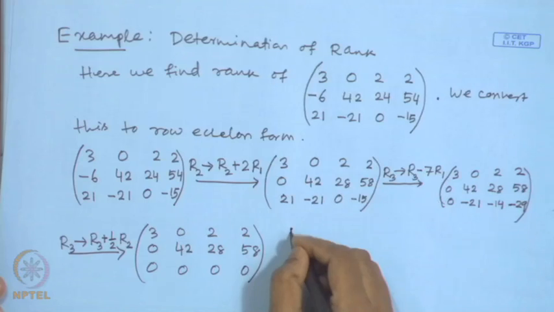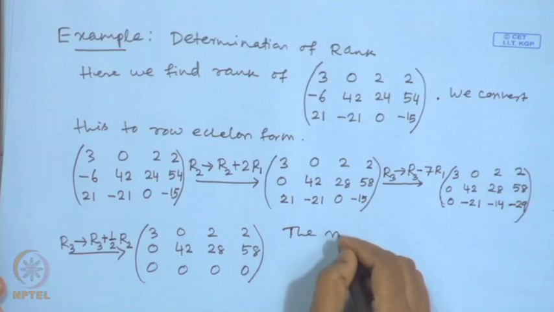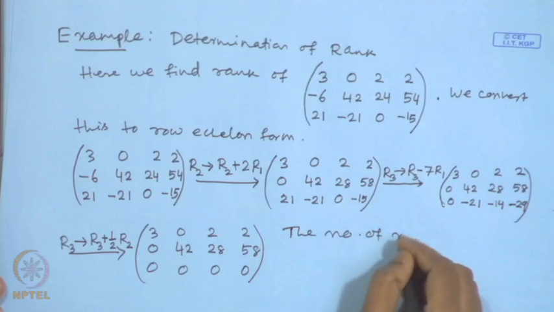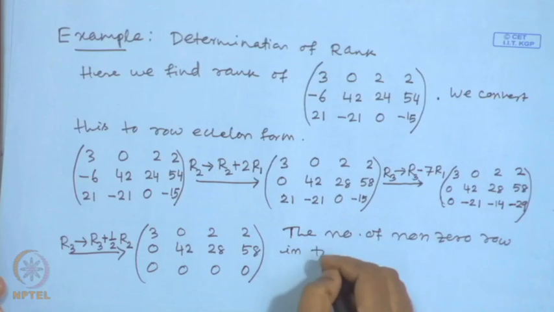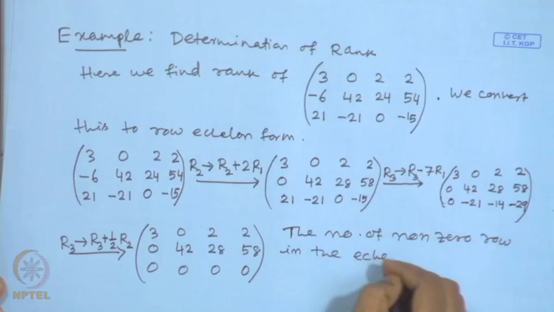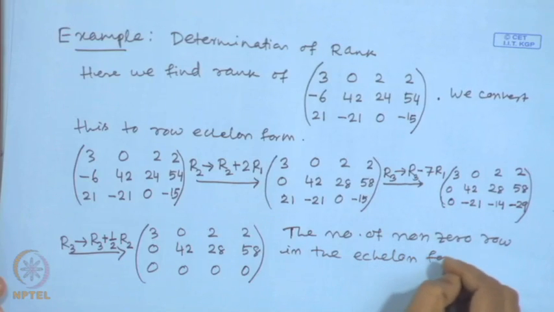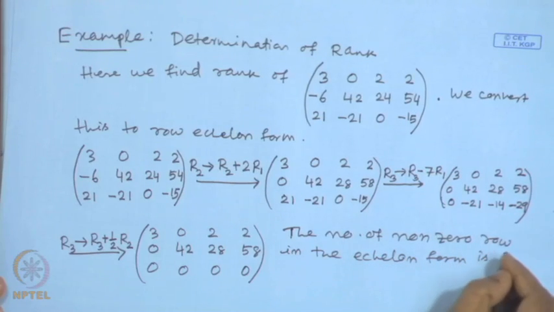So, the number of non-zero rows in the echelon form is 2.